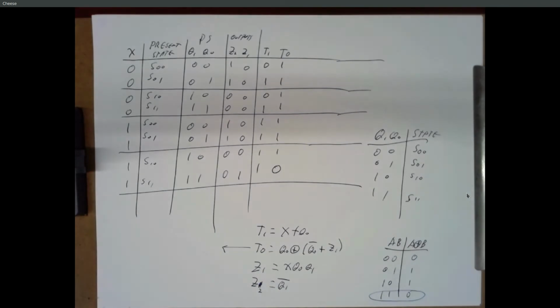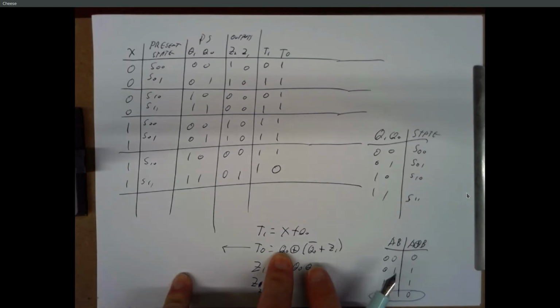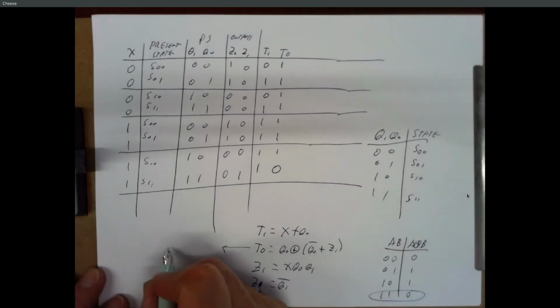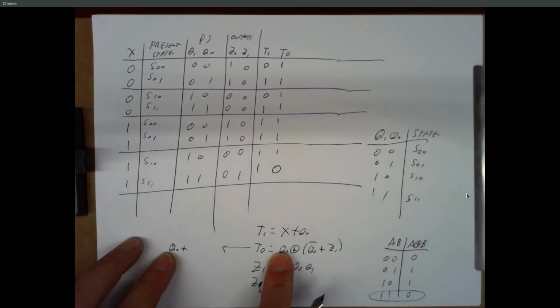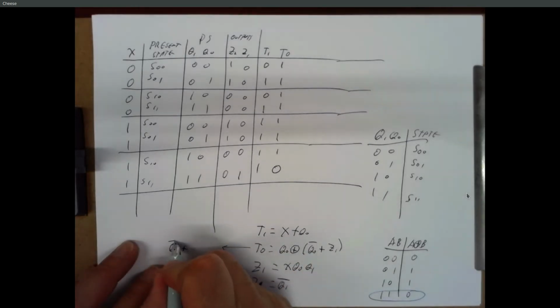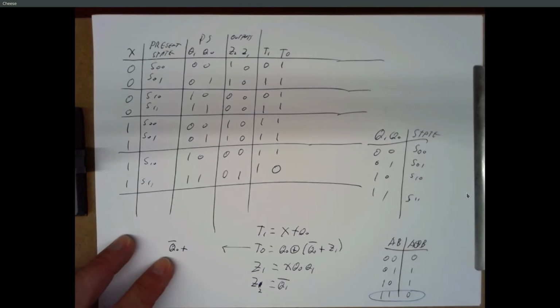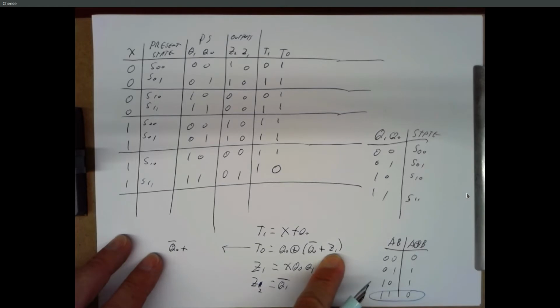You can also simplify this by the analysis we just did. If Q0 is 0, this is going to be a 1. So this is always going to be true. So T0 is true if Q0 is false. If that's a 0, this is going to be 0 XORed with 1, so if Q0 is false, that's always going to be true. If Q0 is true, this is going to be a 1 and this is going to be a 0, so Z1 has to be false.